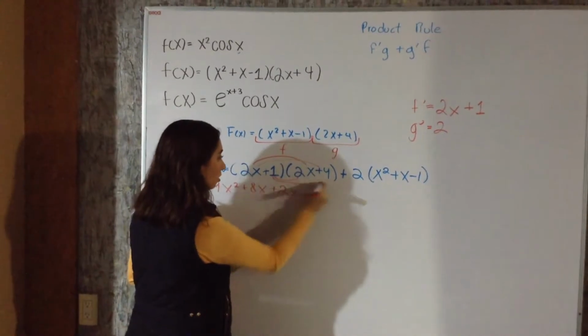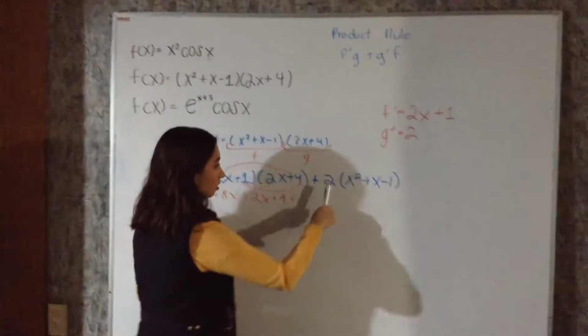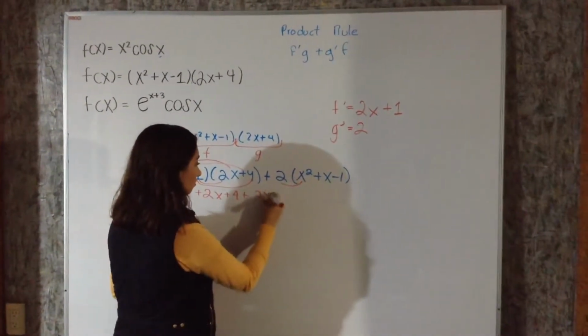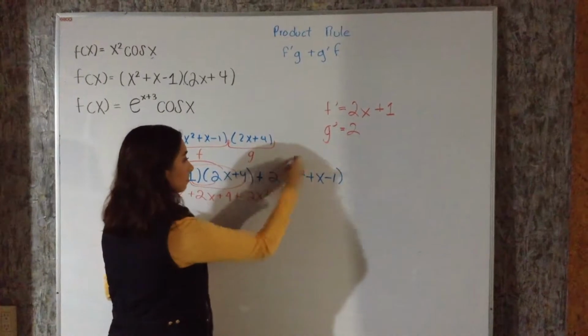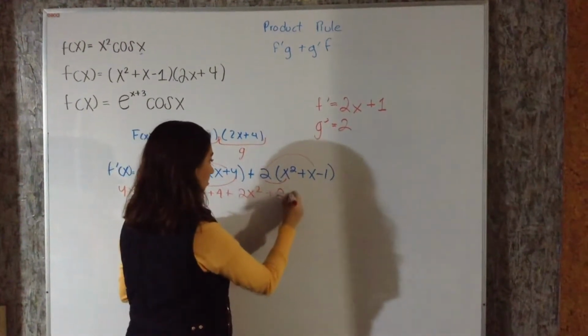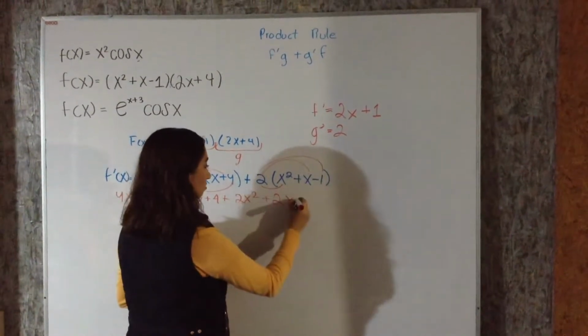Then 1 by 4. Plus this by this. This by this. And this one by the last one.